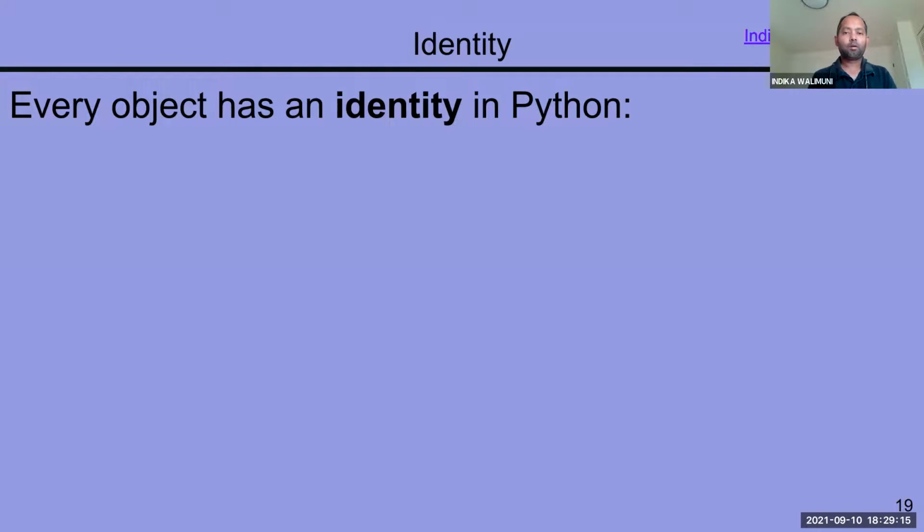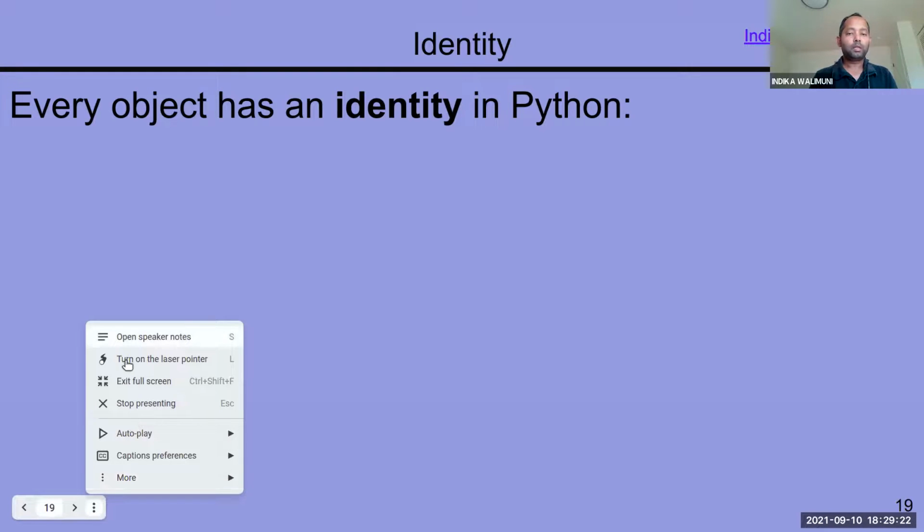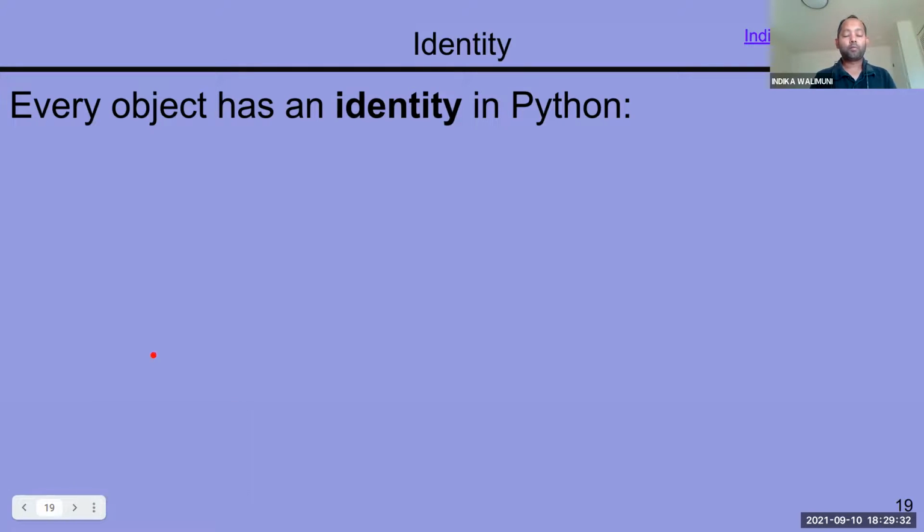All right, so this is the last topic, and it's really important as well, the identity. So we talk about three things: the value, the type, the identity. So every object has an identity in Python.